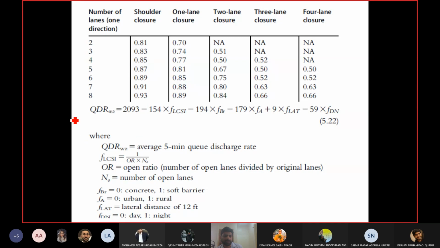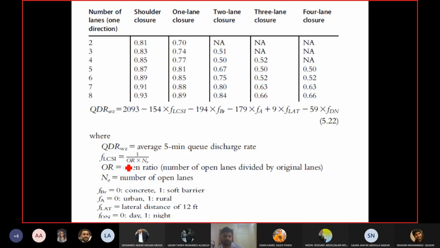For calculating the Q discharge rate, you need this lane closure severity index. The lane closure severity index is calculated like this: 1 upon OR into number of lanes.